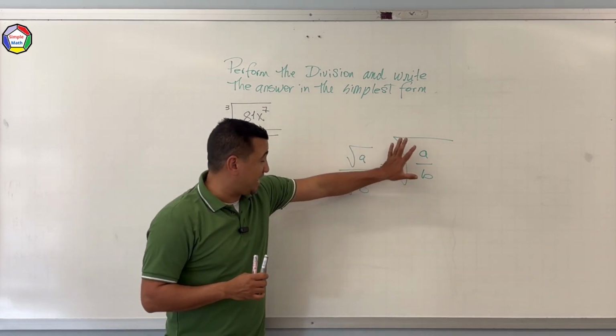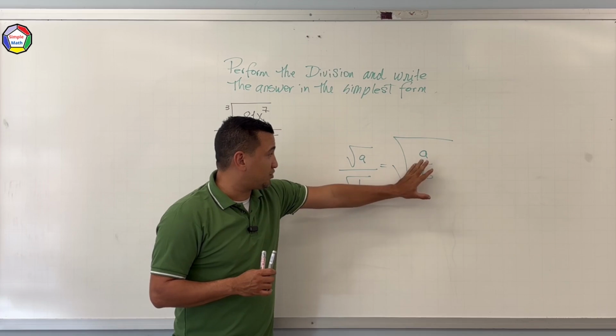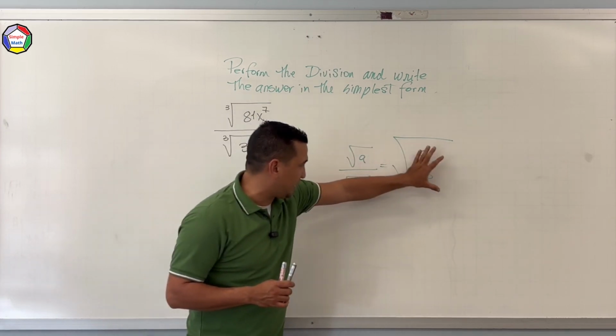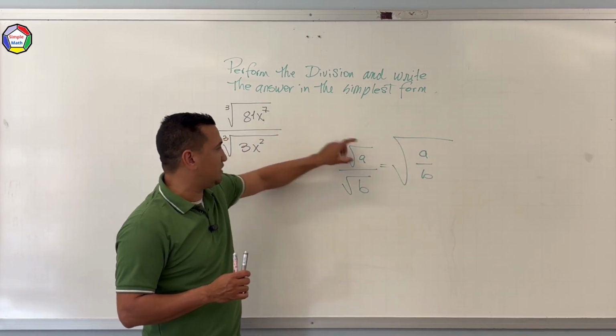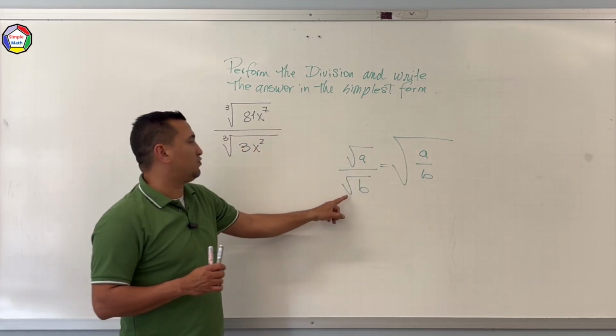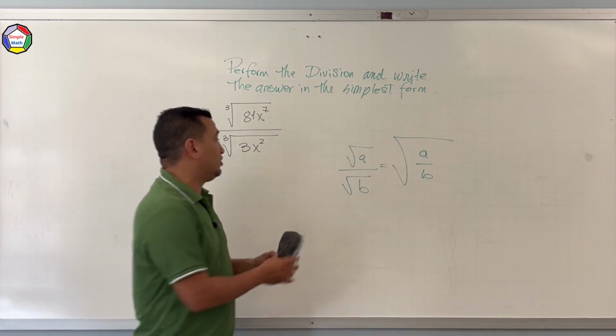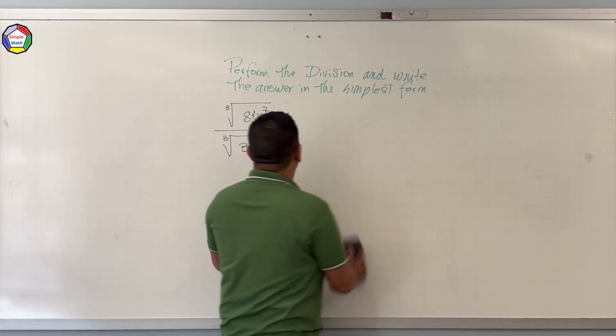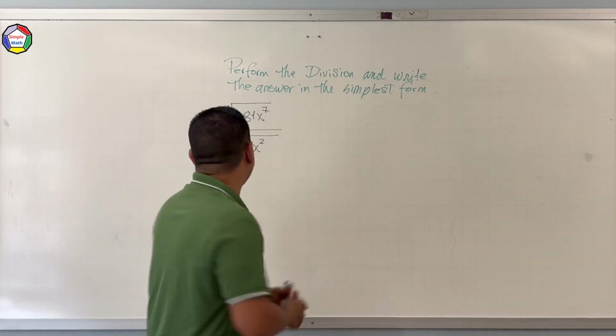If I have a big root with a fraction inside, I can say that that fraction is the same as the square root of the number on top and the square root of the number down, or the denominator. All right, so let's begin using that property.